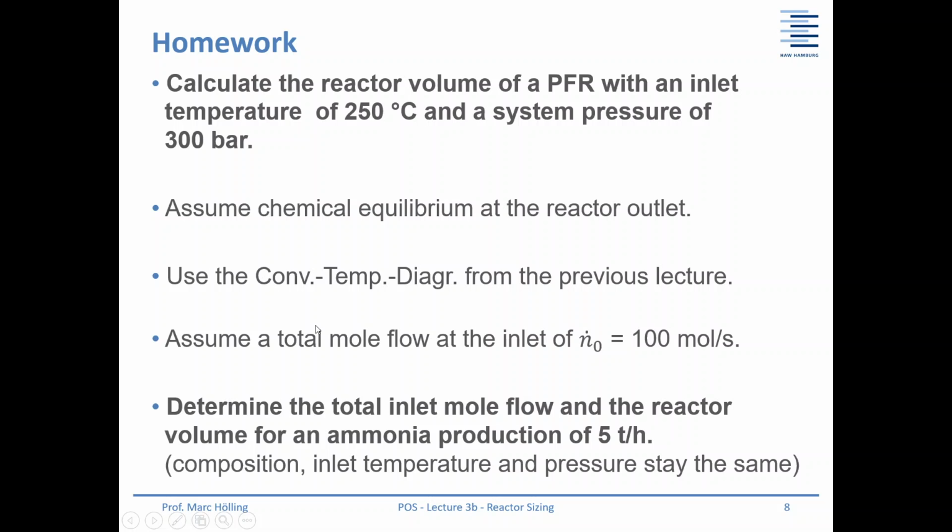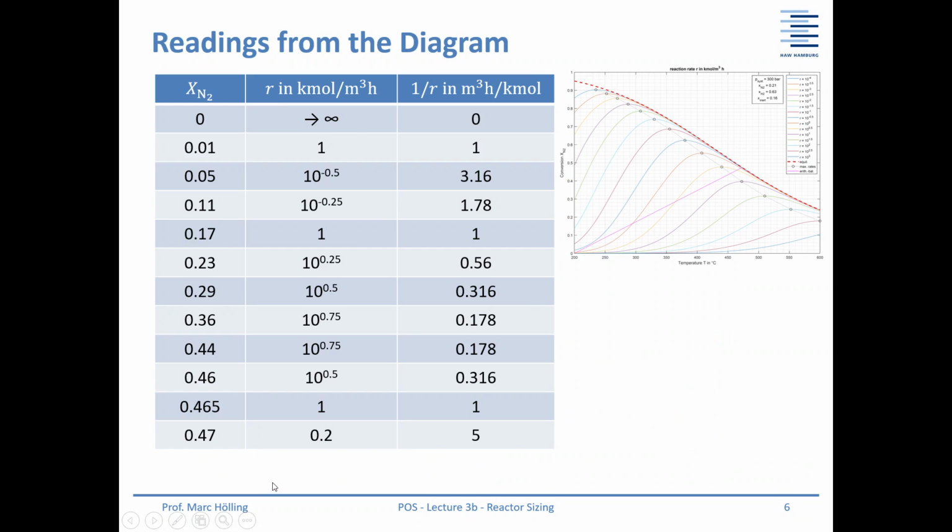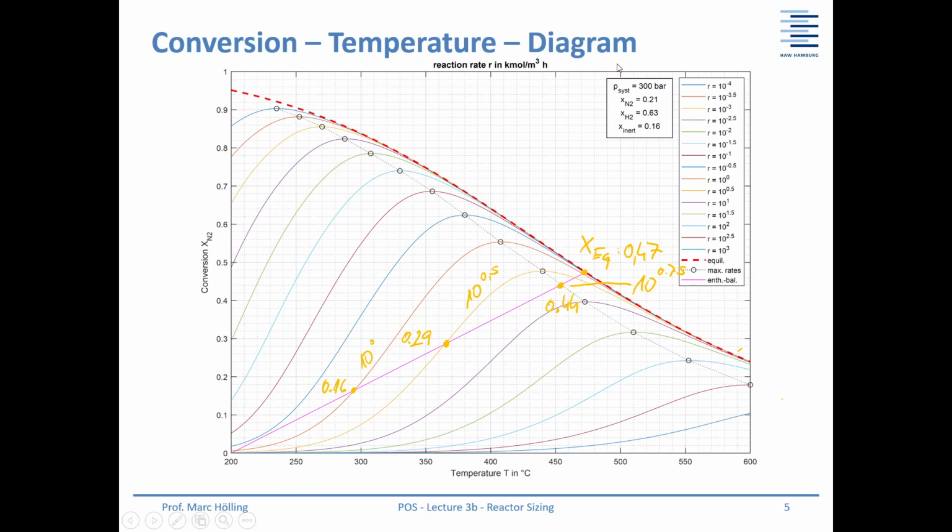Okay. And the second part of your homework is to determine the total inlet mole flow and the reactor volume for an ammonia production of 5 tons per hour. So this means you should stick to the same composition. So you still have 21% of nitrogen, 63% of hydrogen, 16% of inerts, and 300 bars.